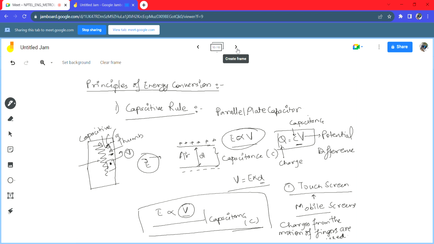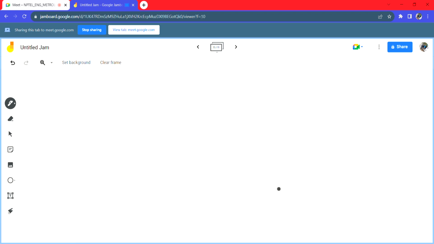Now the next very common form of energy conversion which we glanced upon in the last time also is a piezoelectric crystal. So basically it is this kind of a system, and let's say this is a quartz crystal.